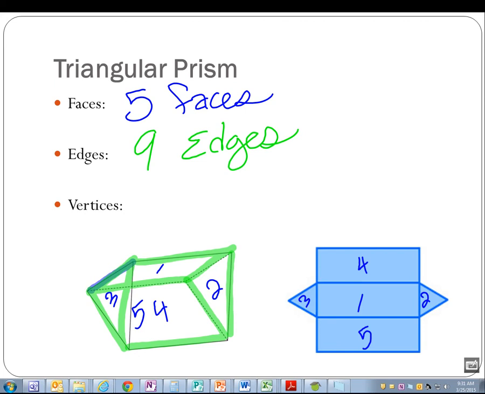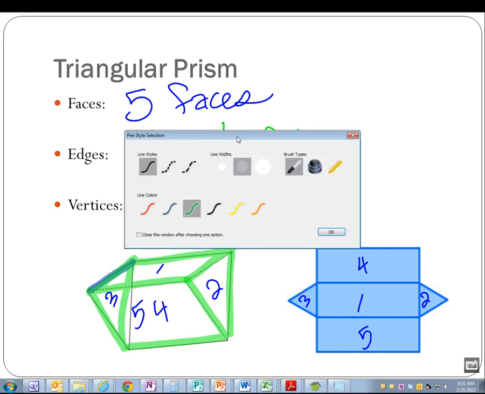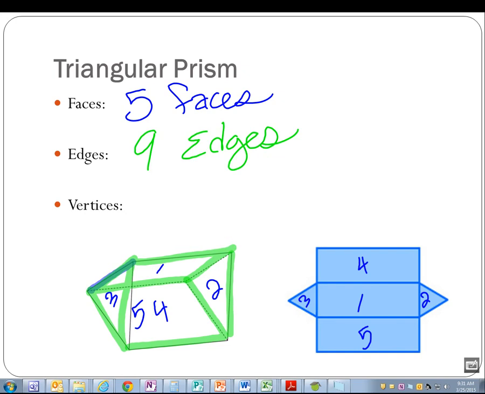So vertices. Let's do red again. Boom, boom, boom, boom. So we have vertices. Count with me. 1, 2, 3, 4, 5, 6. Yep, just 6.